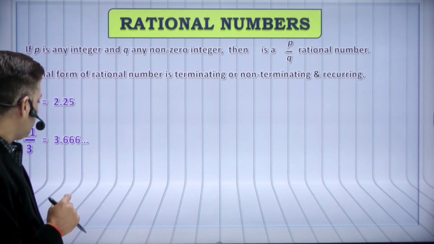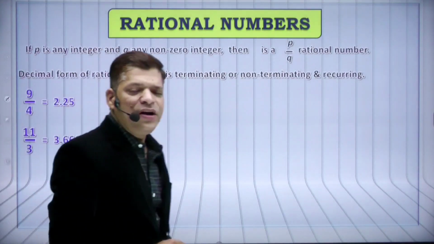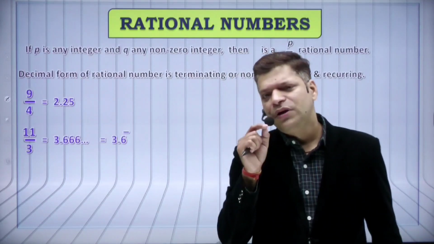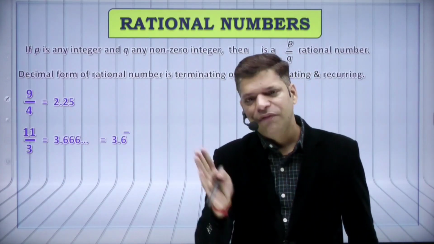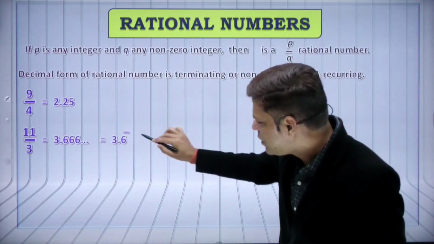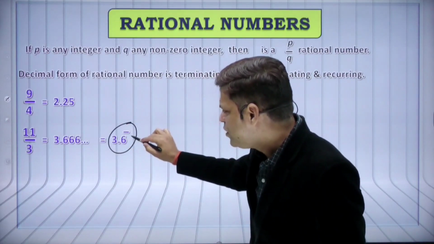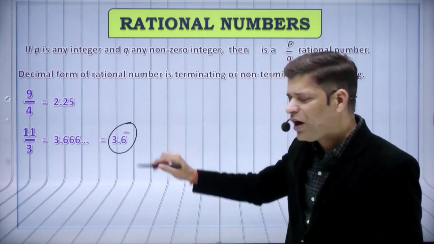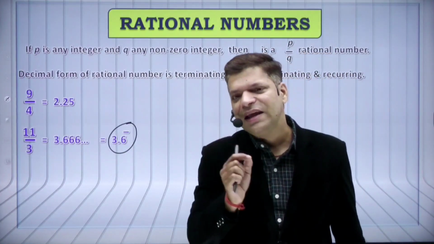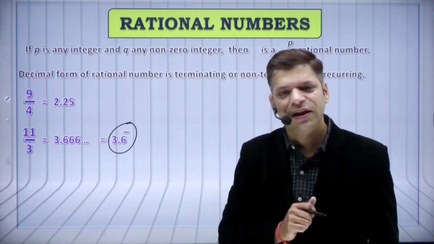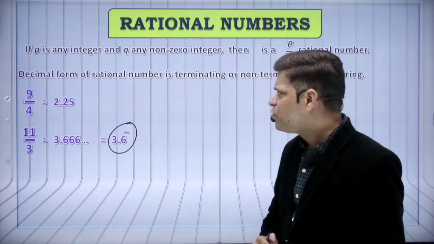Also, 3.666 up to so on, where the number 6 repeats after the decimal, can be written in the form of 3.6 bar. The 6 bar indicates that 6 is going to repeat up to infinity, right? You should also know this.